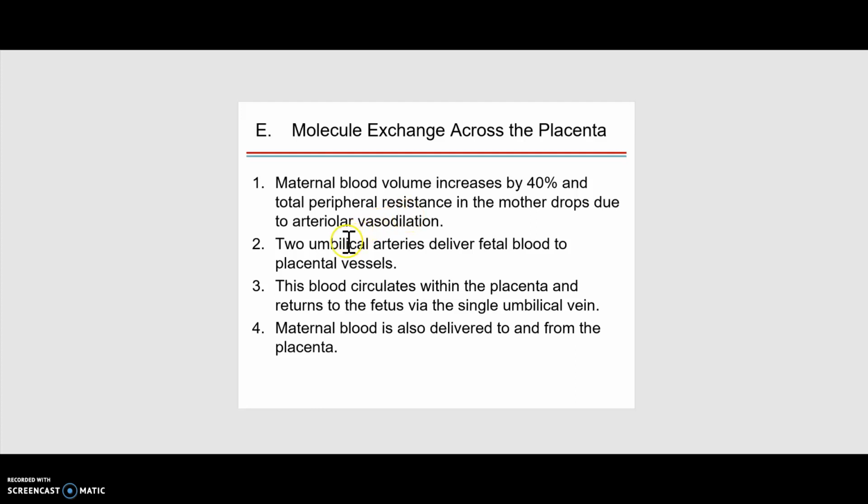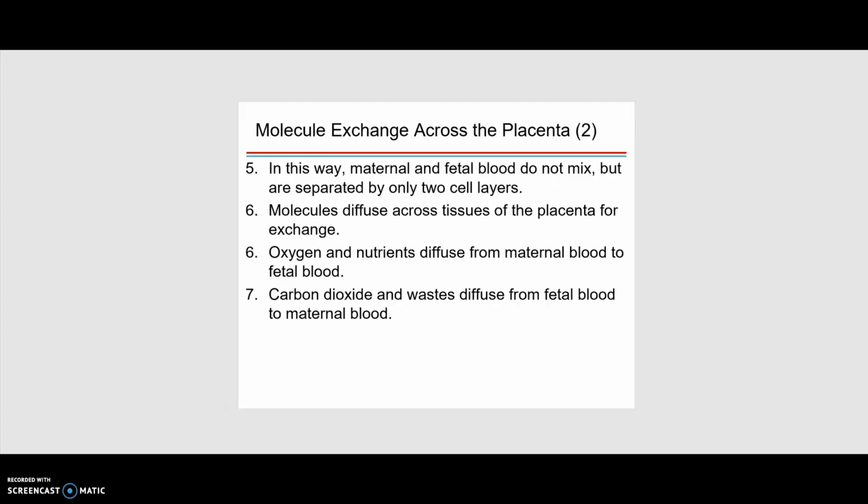Now, two umbilical arteries, this is in the umbilical cord, deliver blood to the placental vessels, and the vein brings it back. So we have two umbilical arteries and the vein. We're going to concentrate on that in just a second. In this way, maternal and fetal blood do not mix.